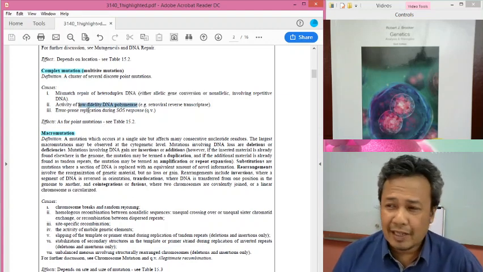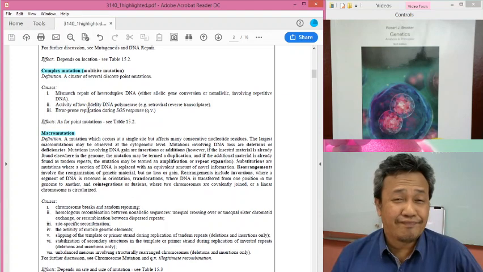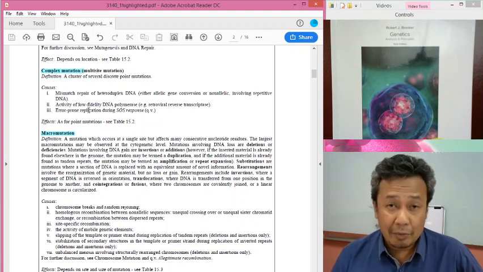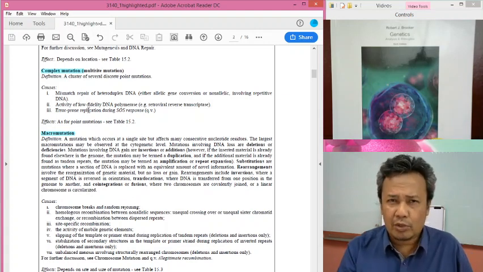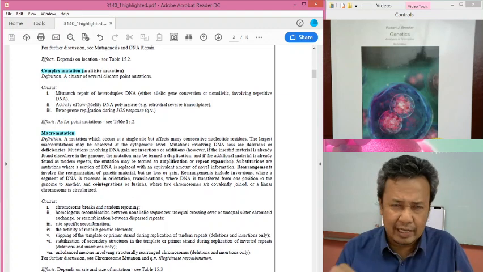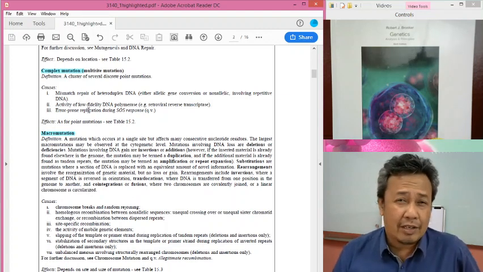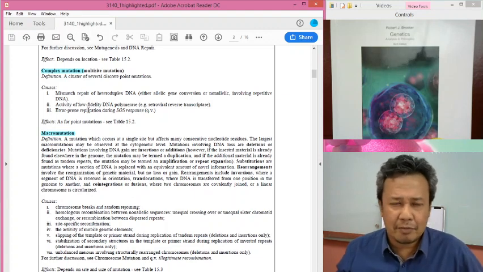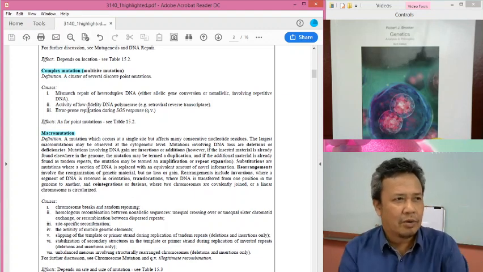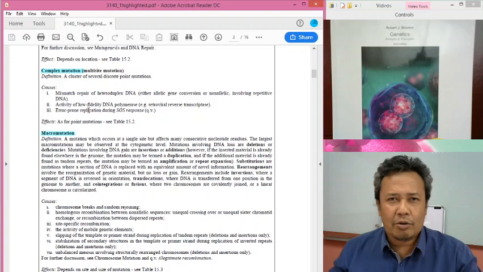What is low fidelity? That means your polymerase is not copying very well. It makes a lot of mistakes. Low fidelity. High fidelity means when you copy, it's almost the same as the original. So that's high fidelity. Have you heard of the term hi-fi? Hi-fi system, where you talk about your radio system.